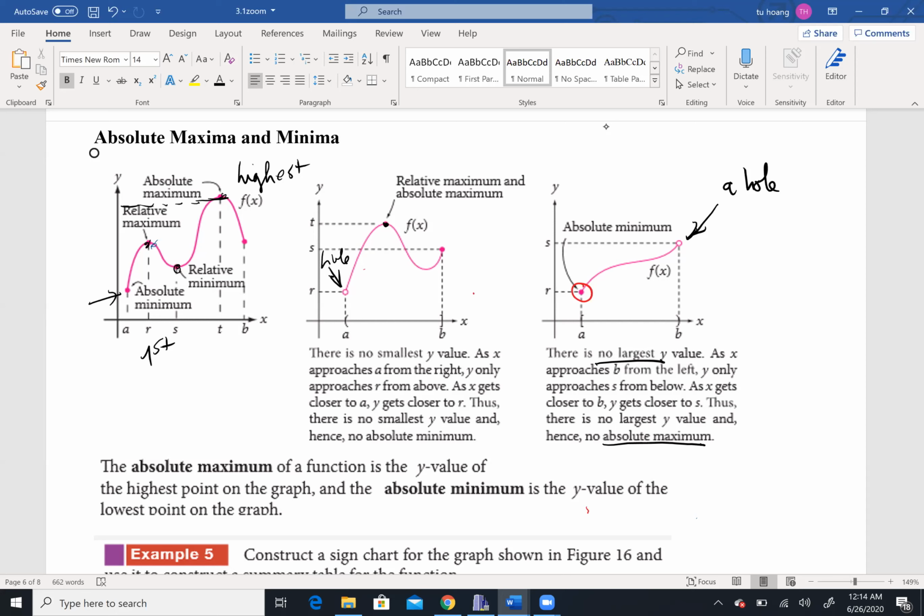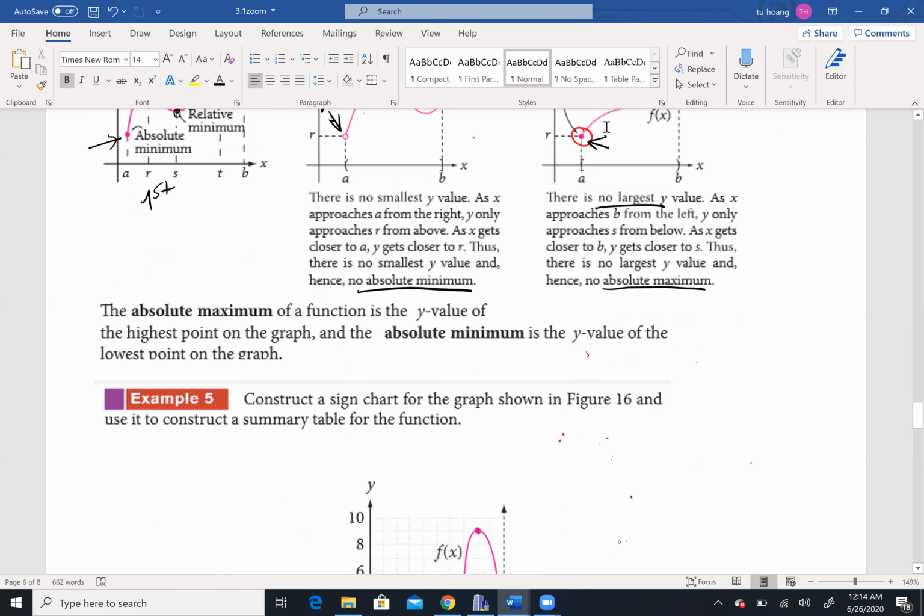So again, there's no absolute minimum in this case. And in the last case, you have the absolute minimum at the lowest point, which is here. Okay, so that is absolute minimum and absolute maximum.